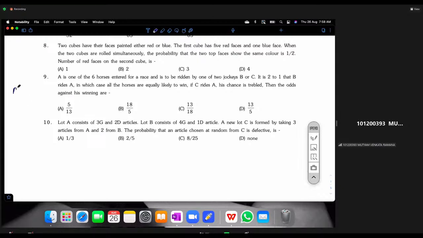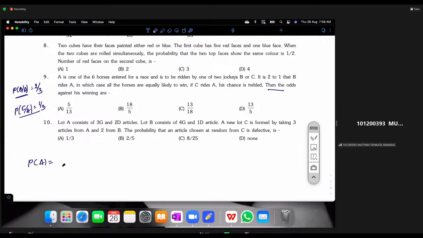So the probability of B rides A, this is again conditional probability, is equal to 2 out of 3. And the probability of C rides A is 1 out of 3. So what is the probability of A winning?